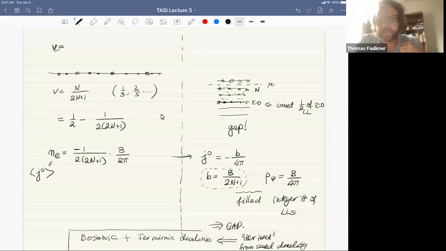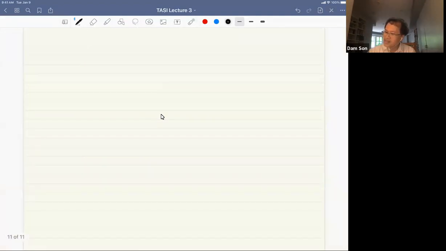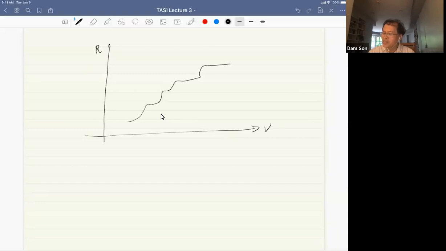So where should I think about having to introduce disorder? When we present experimental evidence of fractional quantum Hall states, we have certain plateaus as a function of nu.